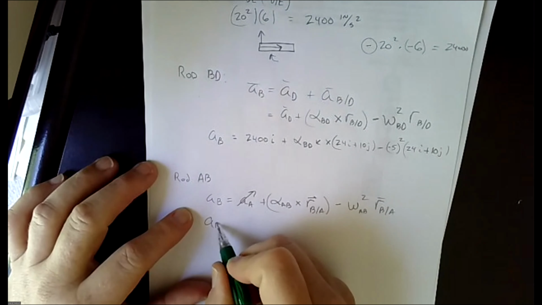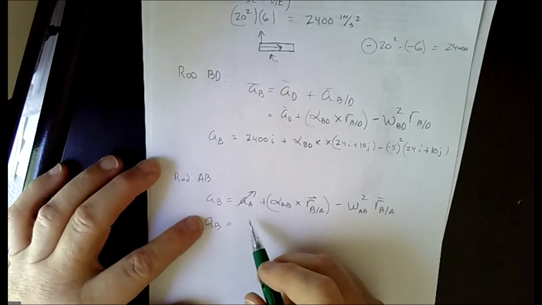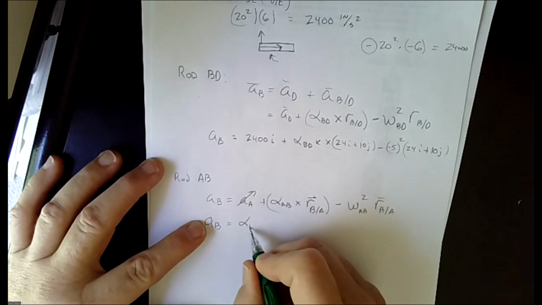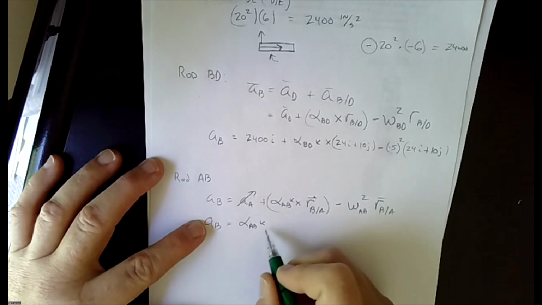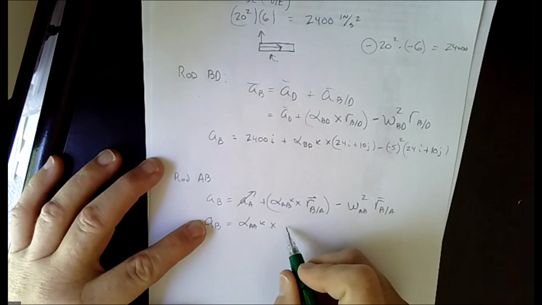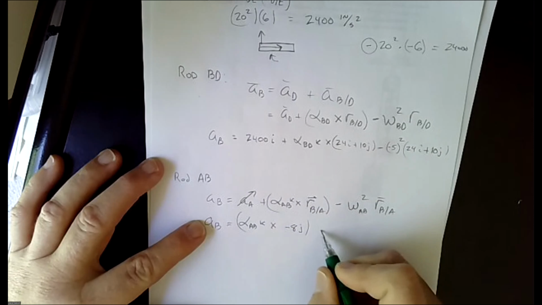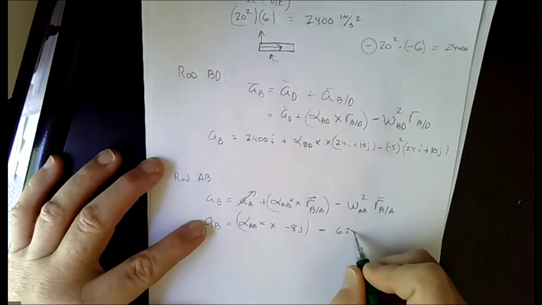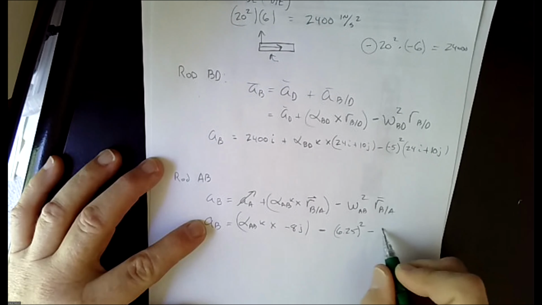So AB equals alpha AB K, this is K, of course, crossed with -8J, and then minus 6.25 squared times 8J.